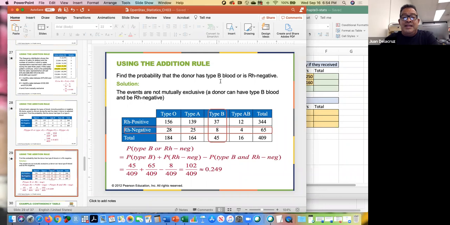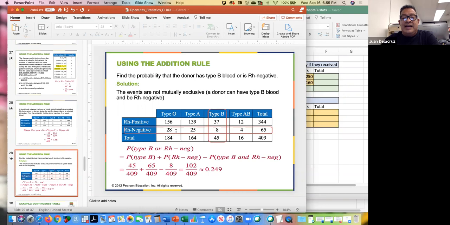So the probability that the person entering the room has type B blood or is Rh negative. We need to account for the probability of being negative, the probability of being type B, and the intersection of these two. In this case, 8 happens to be here. So type B is going to be, once again, 45 over the sample size.